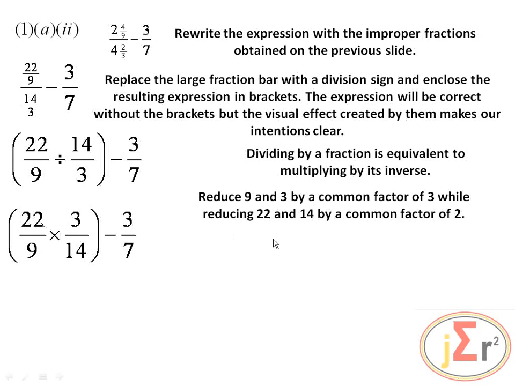We have a common factor of 3 for 3 and 9, and we have a common factor of 2 for 22 and 14. 2 into 22 is 11, and 2 into 14 is 7. 3 into 3 is 1, and 3 into 9 is 3.